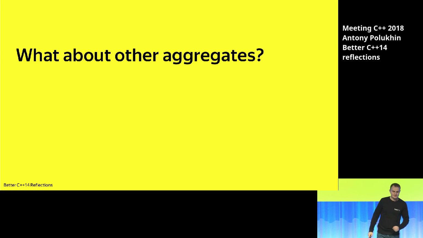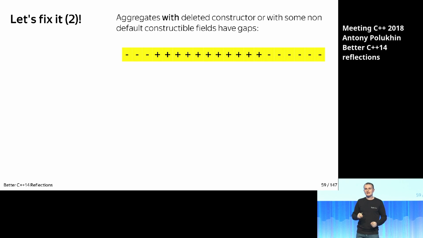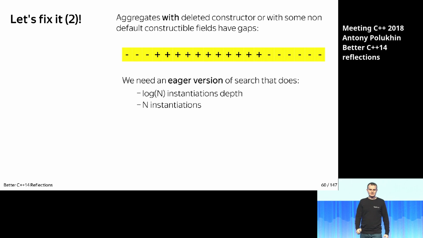That was a simple case. We've got other aggregates. They're creepy. Well, it's C++. So there may be aggregates that do not have default constructors or some deleted constructors. In that case, our array of failures and successes is not nice. It's not partitioned.